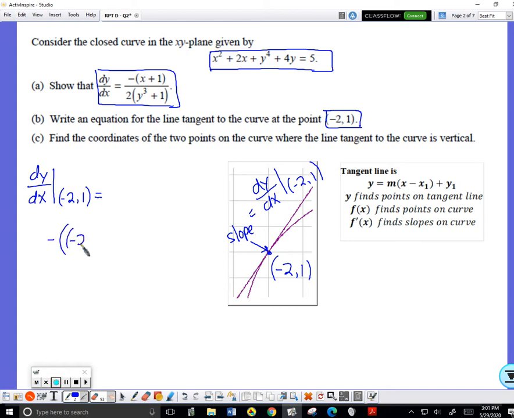Make sure you use parentheses when replacing the x, and parentheses when replacing the y. No numeric simplification is required. So I'm actually going to leave that. So now my line tangent equation is that big thing.